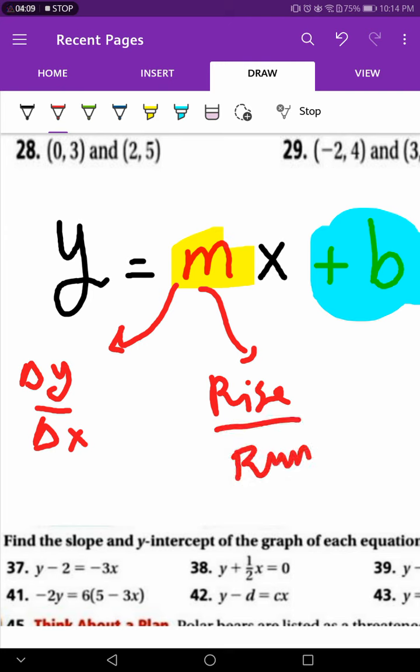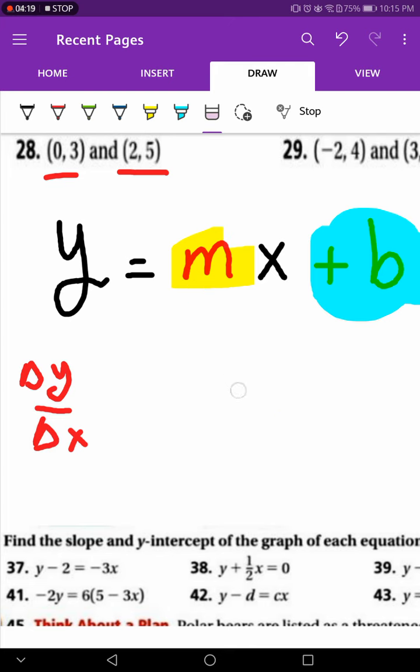But because I have two ordered pairs or 2 points here, I will use delta y over delta x, the difference between the y's over the difference between the x's. So how can I do it correctly?